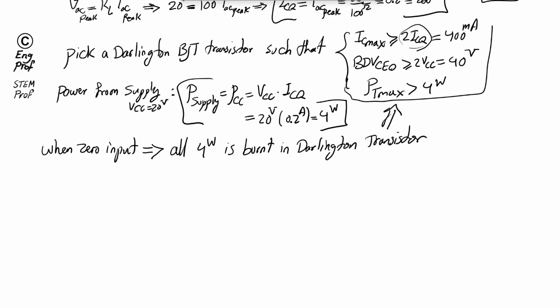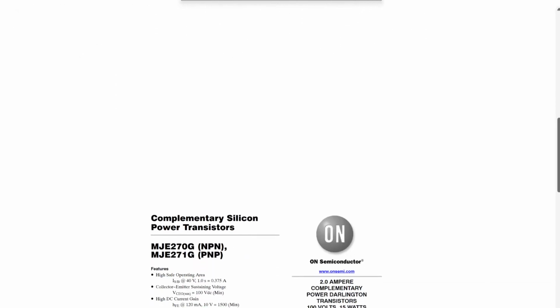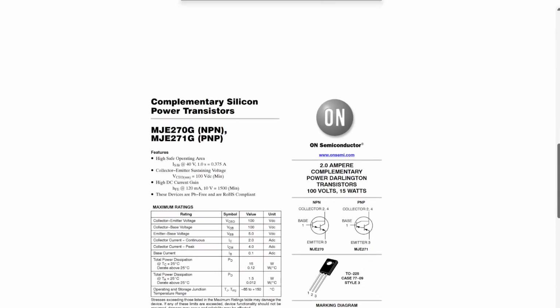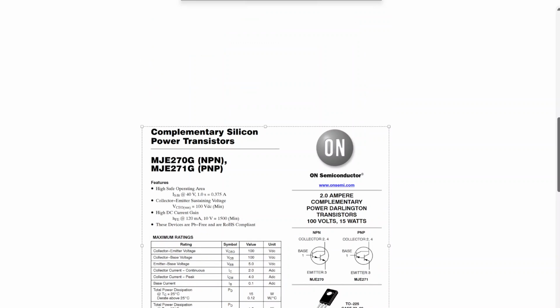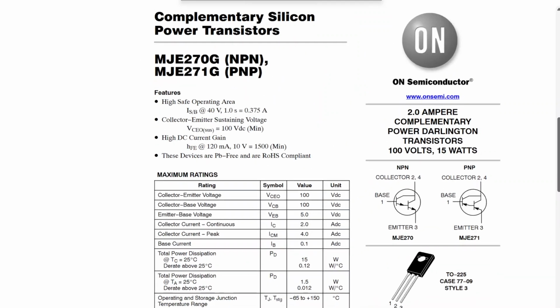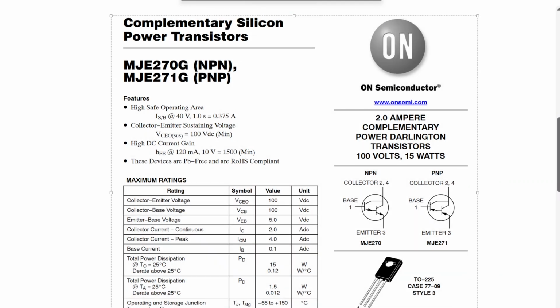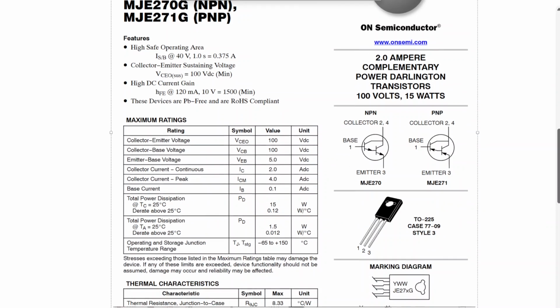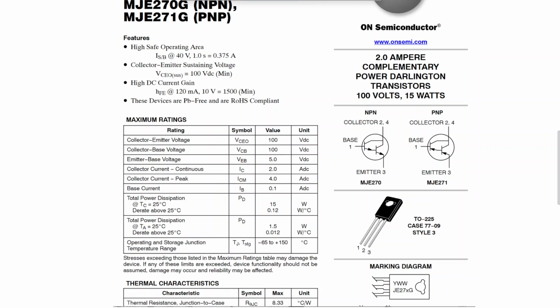These are the specs for transistors. As an example, I have just one example here. There are many ways to find the proper Darlington transistor. There are many providers. You can search in Mouser or DigiKey, but one example is from onsemi. This Darlington transistor is actually a little bit over designed even, but it's a very good one. As you can see, there is a part number for NPN and also a part number for PNP.